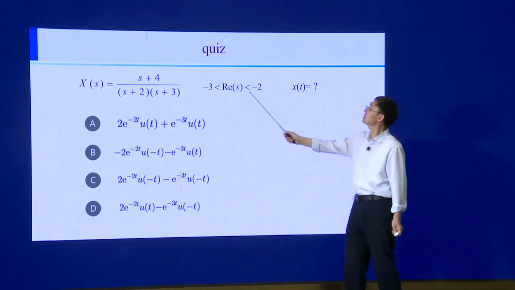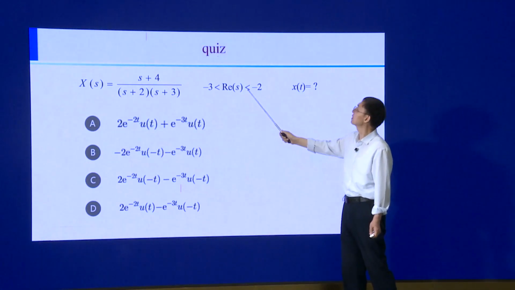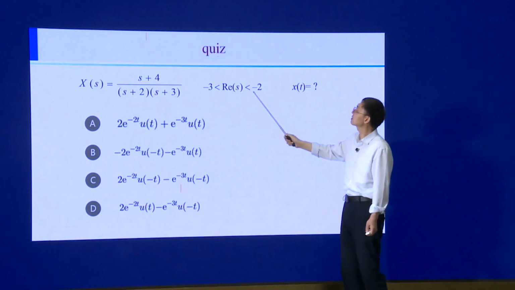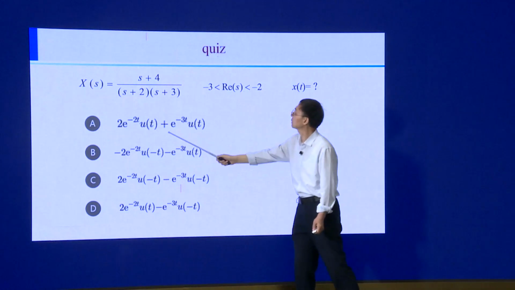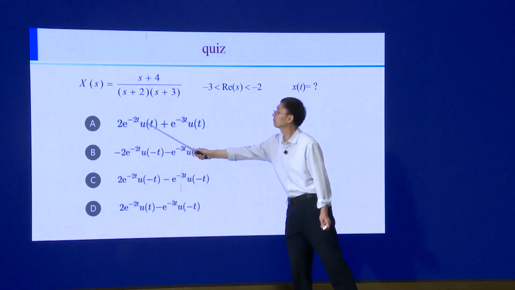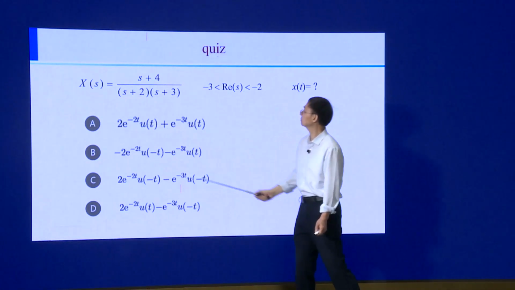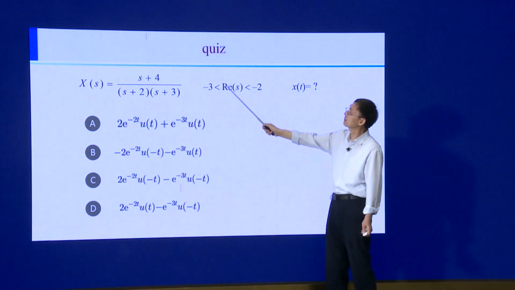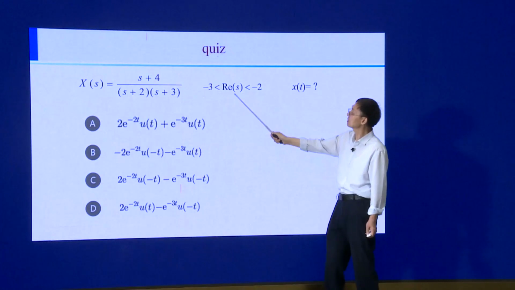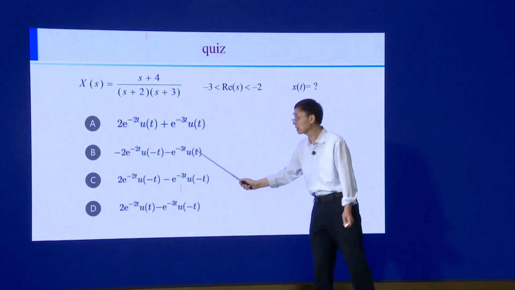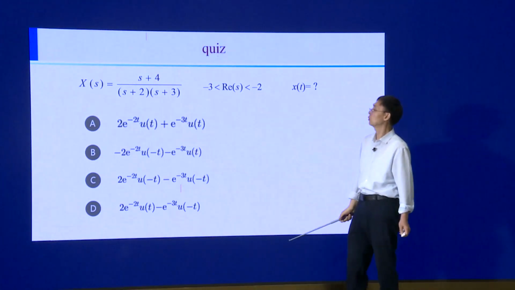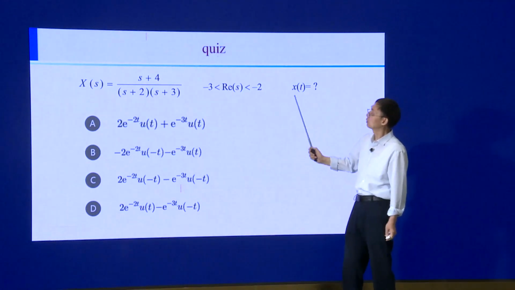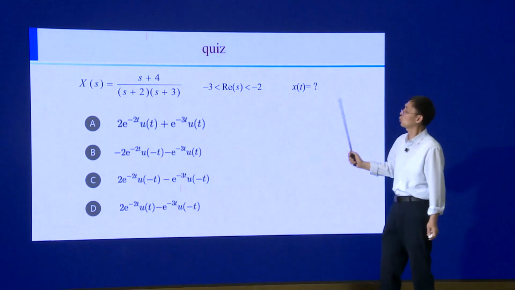Because the real part of S is less than -2, this part should be a left-sided signal. Because the real part of S is greater than -3, this part should be a right-sided signal. So according to the analysis, we can find the right answer.